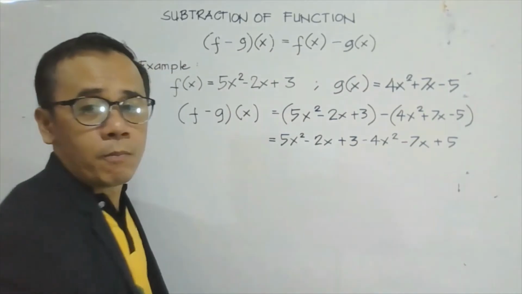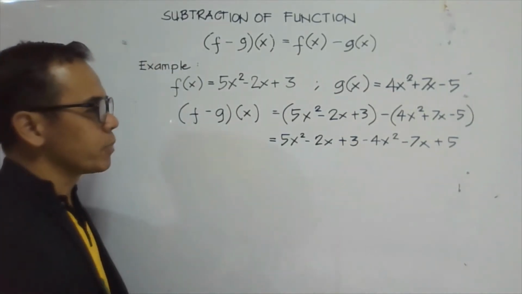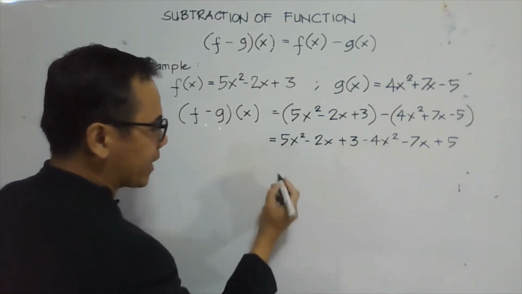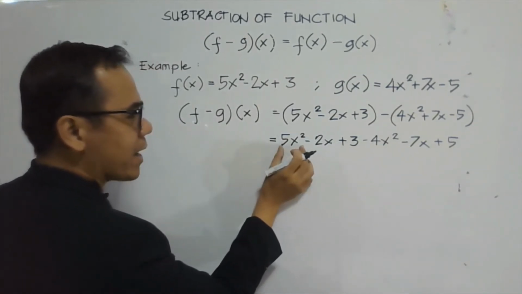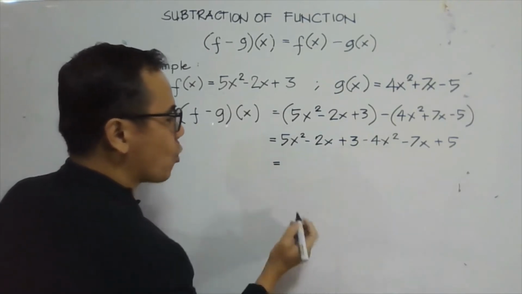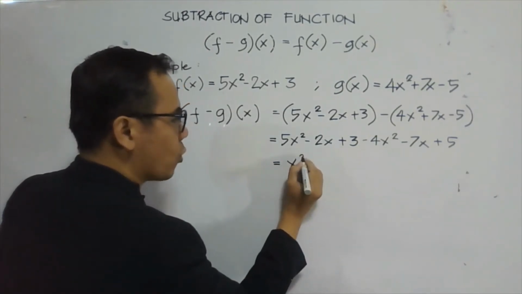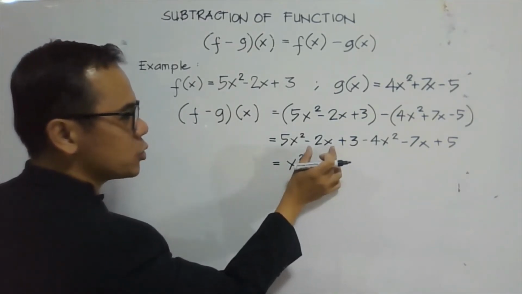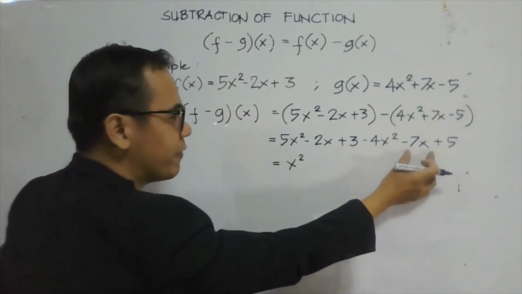And let us now combine similar terms here. So we have 5x squared and negative 4x squared. So 5x squared minus 4x squared is equal to x squared. And then we have another similar terms, negative 2x and negative 7x.